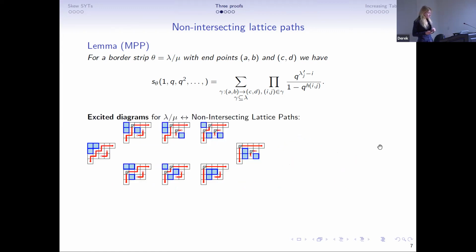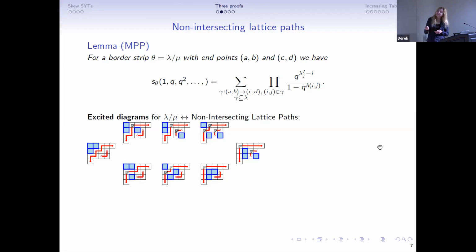And then there is another step, which is to interpret the excited diagrams, or the complements of the excited diagrams, as non-intersecting lattice paths inside lambda. And the recipe is the following. We cut our skew shape greedily, starting from the inside.